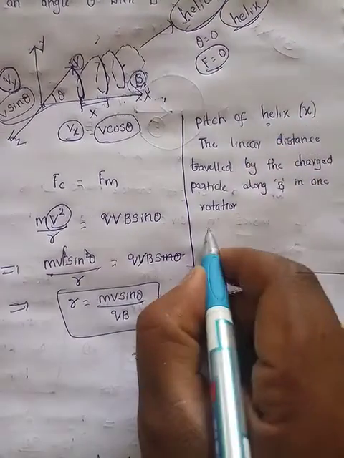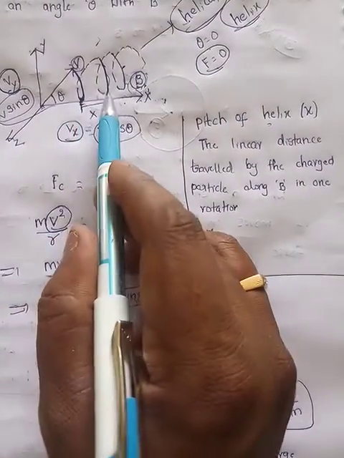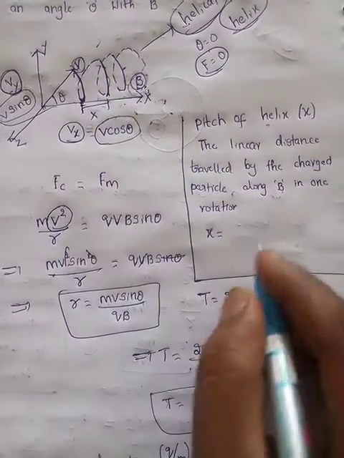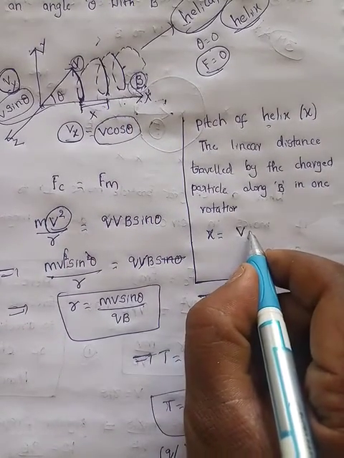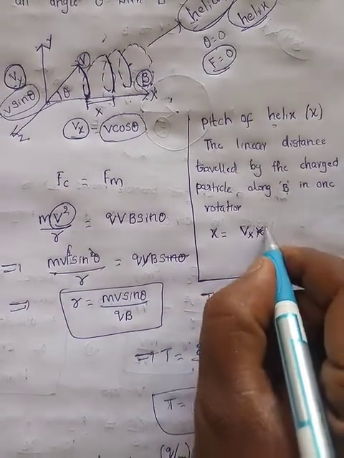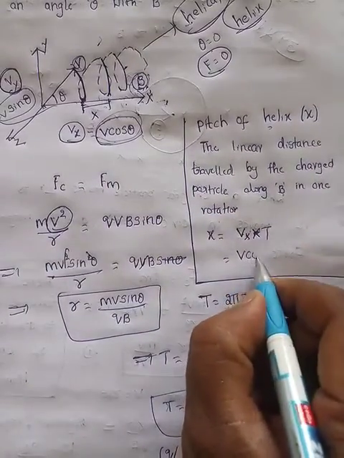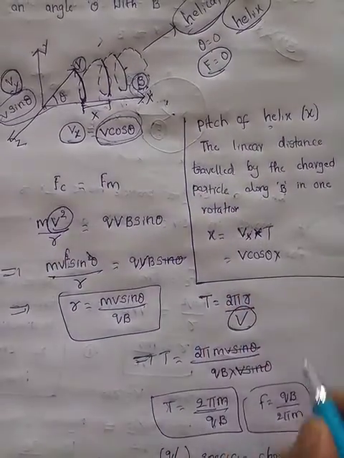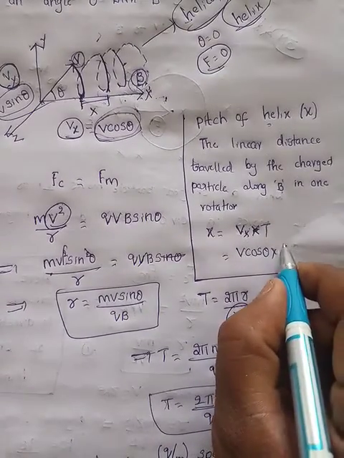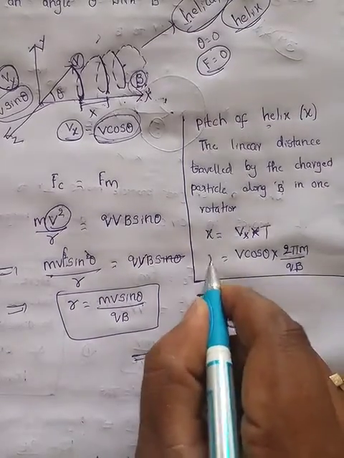It is represented by the letter x. x is equal to distance moved, or velocity of the particle along the direction of magnetic field into time period. What is the velocity component along the x axis? v cos theta into time period. What is the time period value? 2 pi m by qB. So this is called pitch of helix.